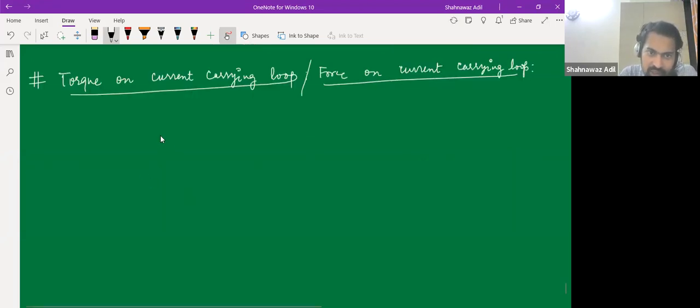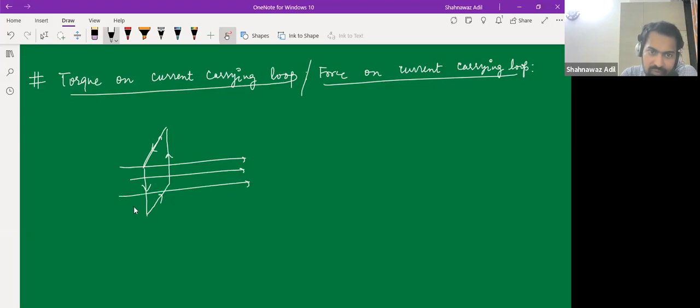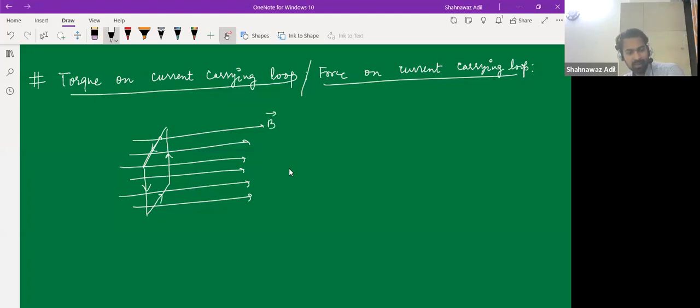So we have current flowing like this, and this is the direction of the magnetic field. The direction of the magnetic field is along which axis? X-axis.